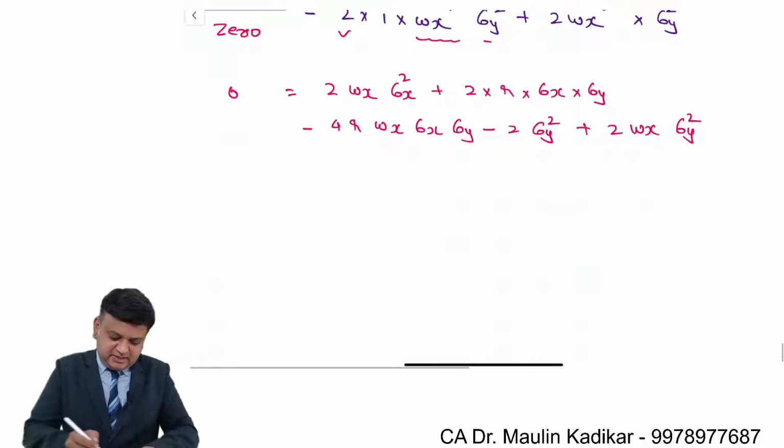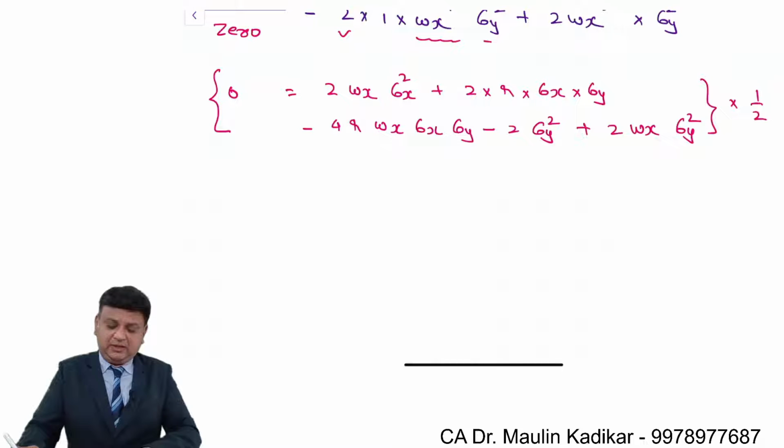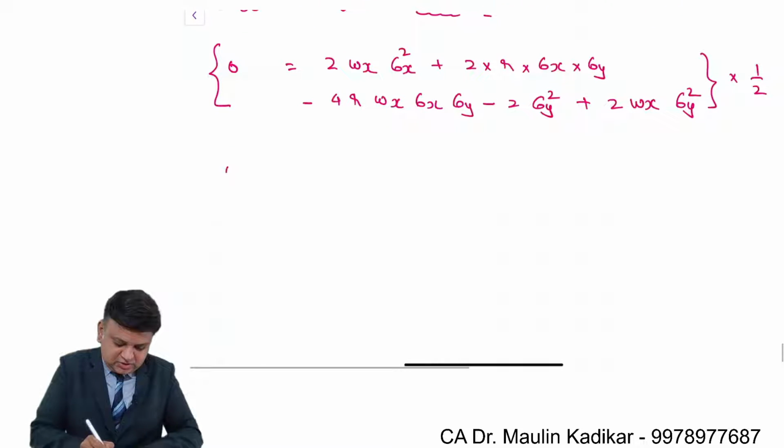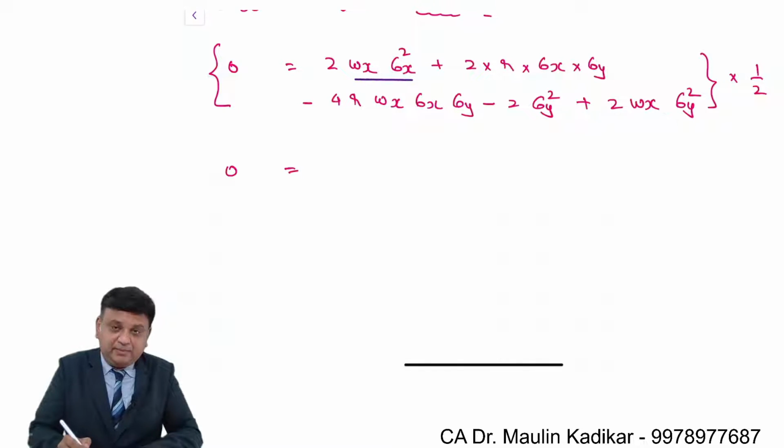Now we understand that the entire equation can be multiplied with 1 by 2. So this is 0 is equal to wx sigma x square, okay.